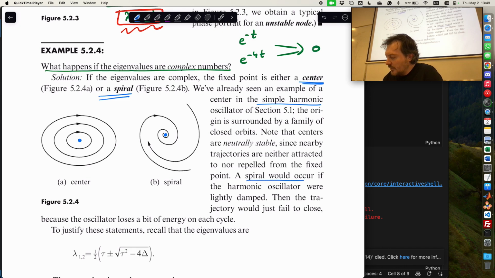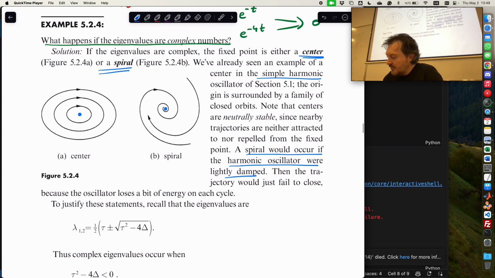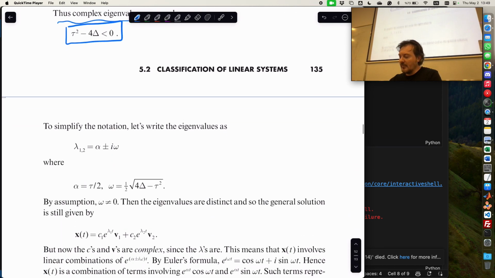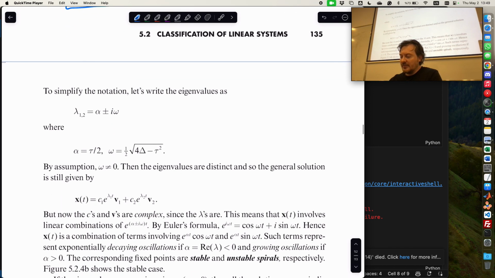A spiral would occur if the harmonic oscillator were lightly damped. Then the trajectory would just fail to close because the oscillator loses a bit of energy. So complex eigenvalues occur when tau squared minus 4 delta is less than 0. Okay, in which case you have this kind of eigenvalues.